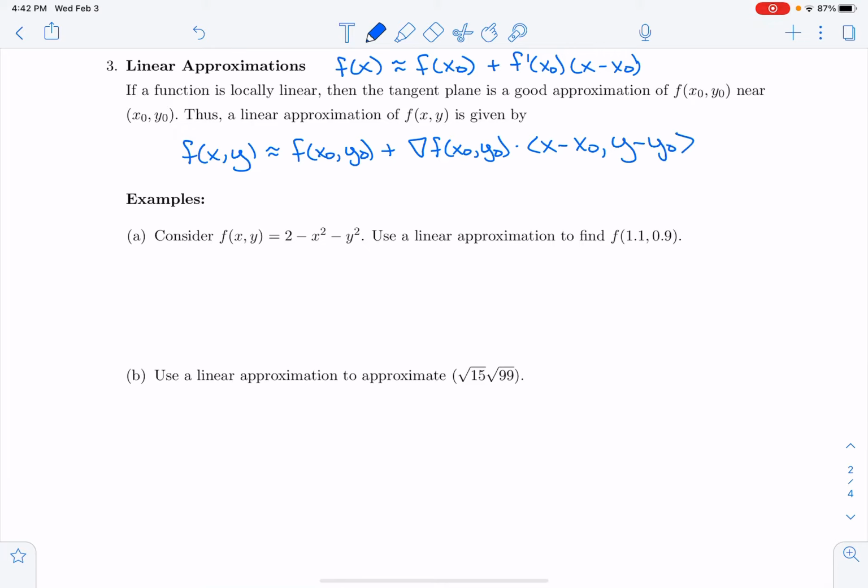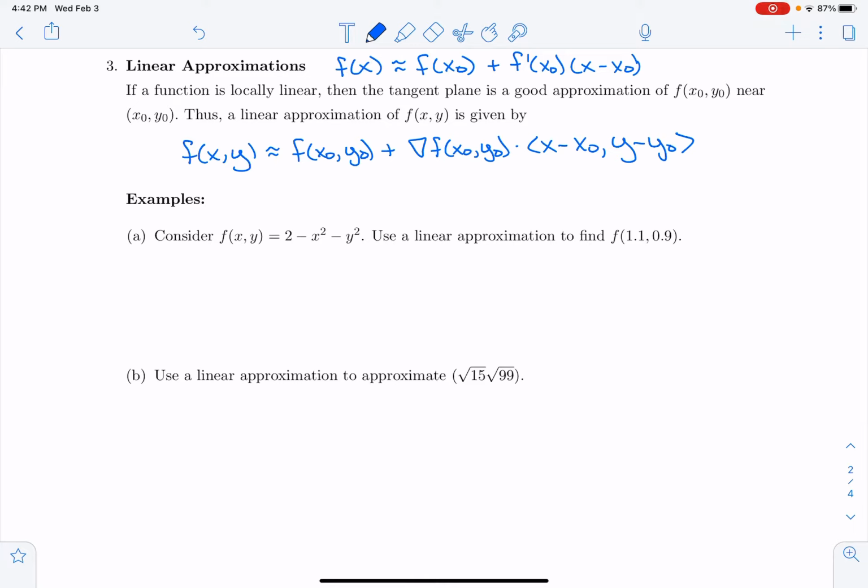So in other words, the function f of x y is approximately equal to the tangent plane near the point x0, y0. And so you have this symmetry.